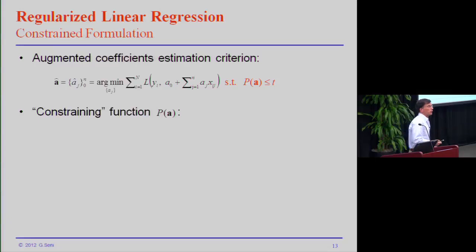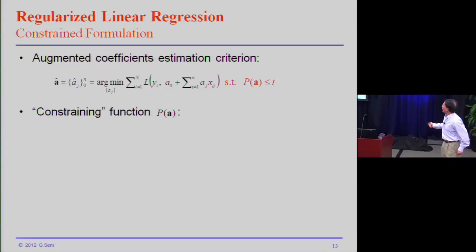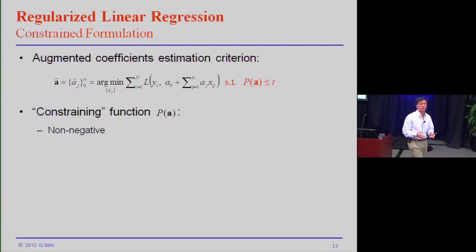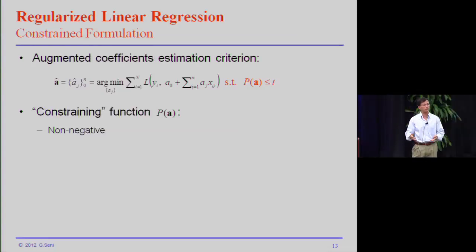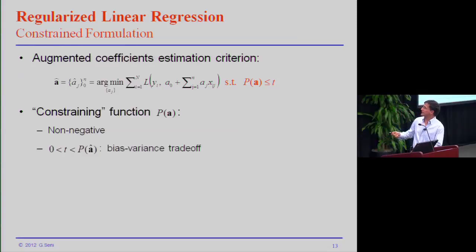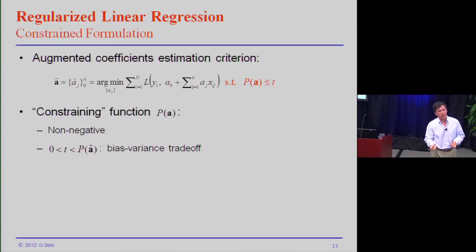So regularization consists of augmenting the expression that we have for the empirical risk with this complexity penalty. This is a non-negative function, and as the size and number of coefficients grow, the value of the penalty increases. The complexity threshold T mediates the bias and variance trade-off.